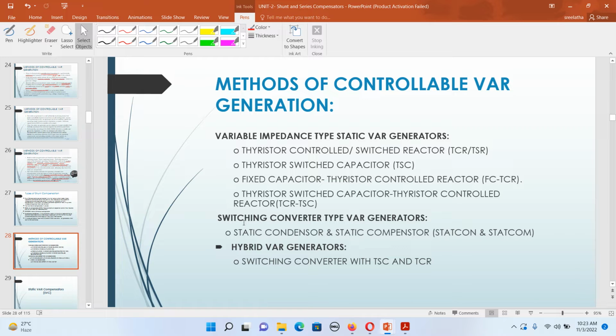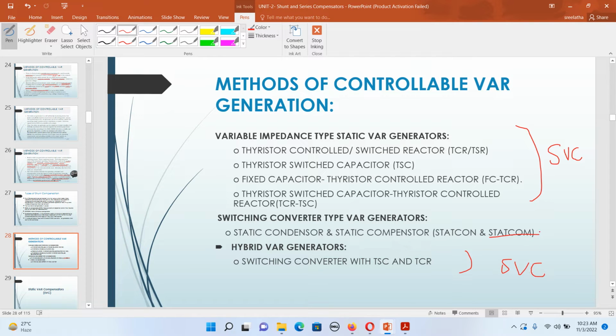So when we are using a switching type converter, there is one more thing, STATCOM. So this is again very important. They basically call all this SVC, static var compensator.